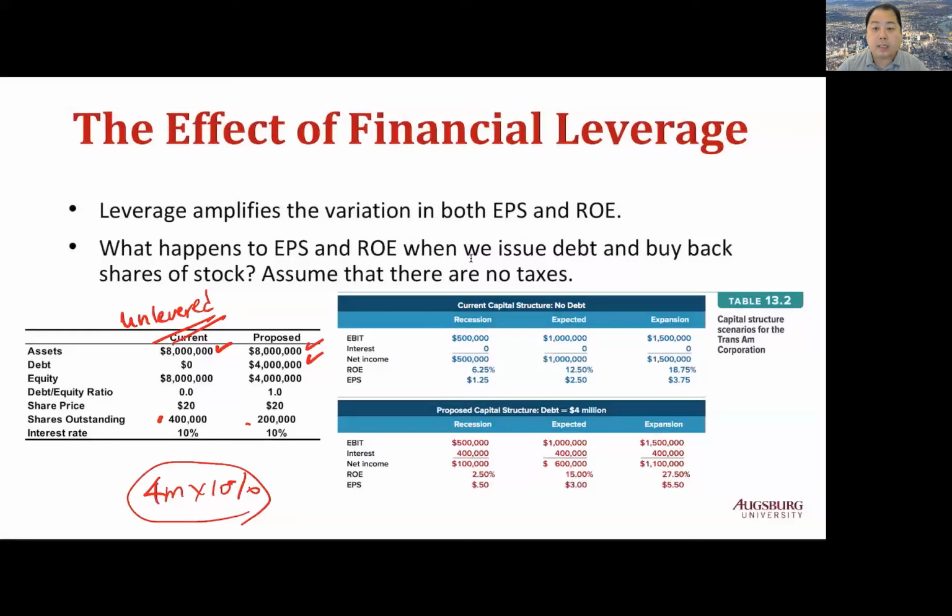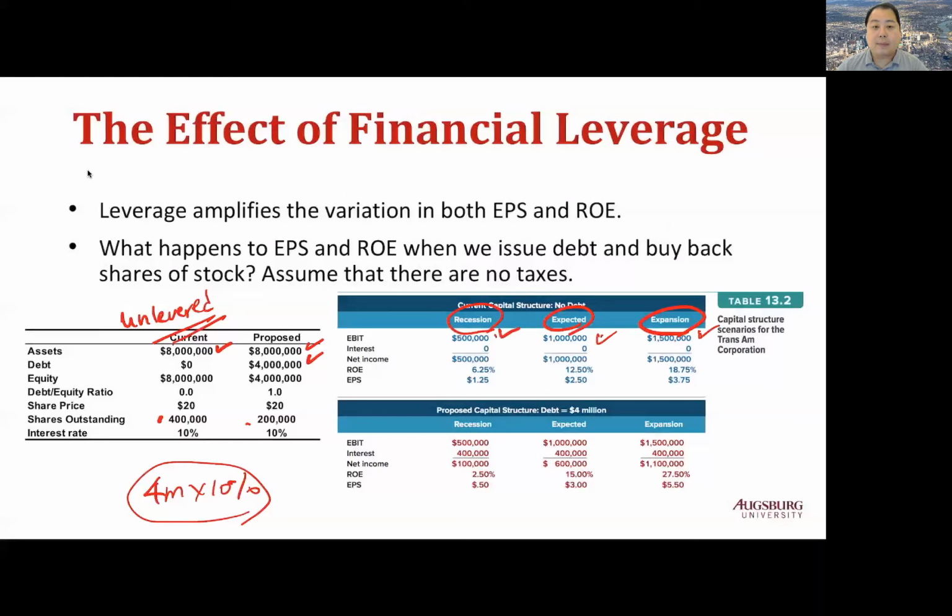Compute ROE and EPS. The table shows the result with three scenarios: expected, recession, and expansion, by different levels of EBIT: $1 million, $500,000, and $1.5 million.